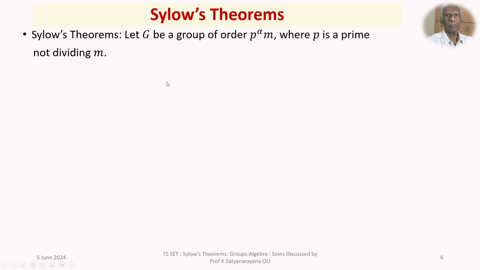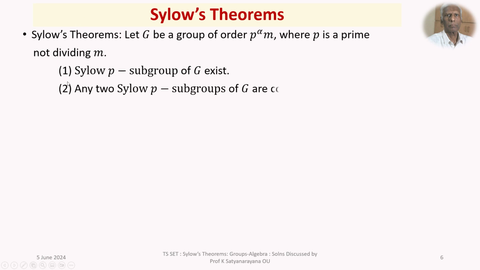The first theorem, Sylow's first theorem says there always exists a Sylow p subgroup of G. What will be the order of the Sylow p subgroup of G in this case? It is of order p to the power of alpha. So the Sylow's first theorem talks about the existence of Sylow p subgroups.